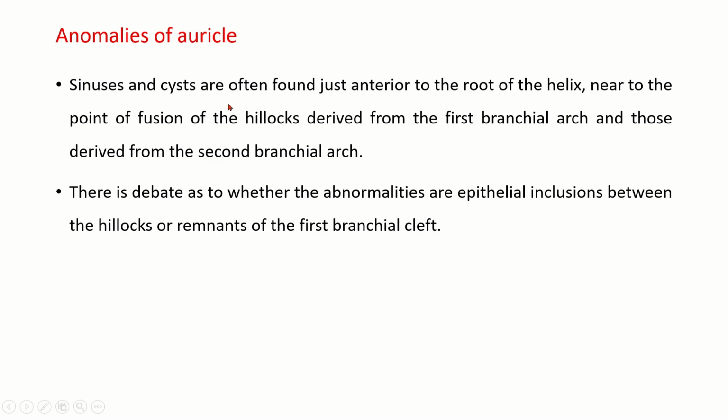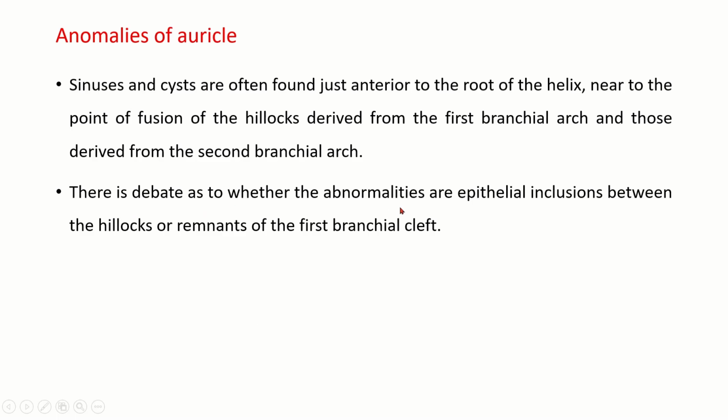So sinuses and cysts are often found just anterior to the root of the helix, near the point of fusion of the hillocks derived from the first branchial arch and those derived from the second branchial arch. When the three hillocks from the first arch and three from the second arch fuse, at that particular point of fusion there are chances of failure of fusion, resulting in formation of sinuses and cysts.